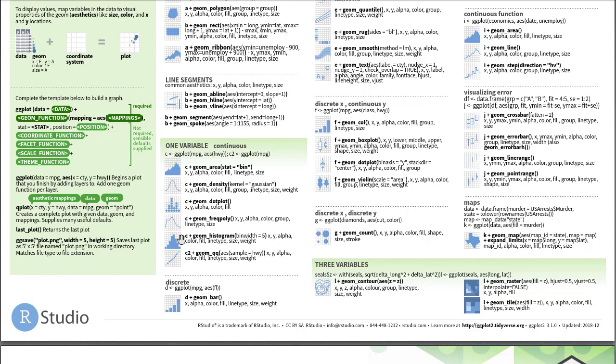So if I needed to draw a normal curve, I'd want geom_density, which is something you're probably not going to ever have to do. But what you might want to do is draw histograms or dot plots, which are down here, or frequency polygons. Again, this doesn't give us everything that are the defaults and everything that we should be putting in here, but what it will give us is an idea of what the geoms are.